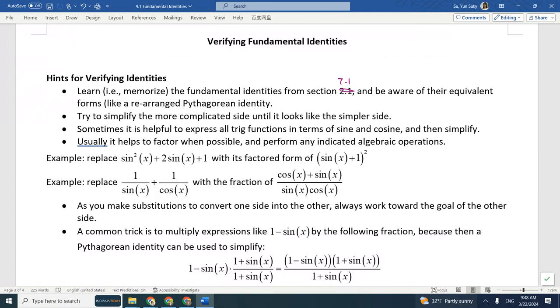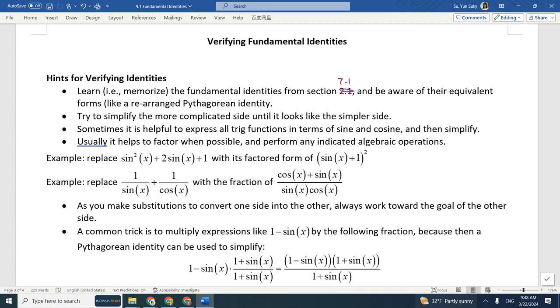For example, if you see something like a squared plus 2a plus 1, this can be factored as sine x plus 1 squared. So factor them. And if you see a sum of two fractions, combine into a single fraction.